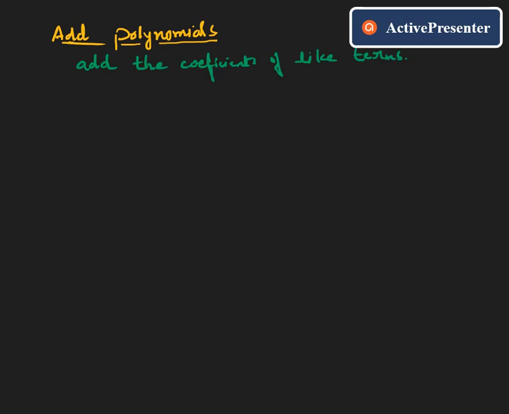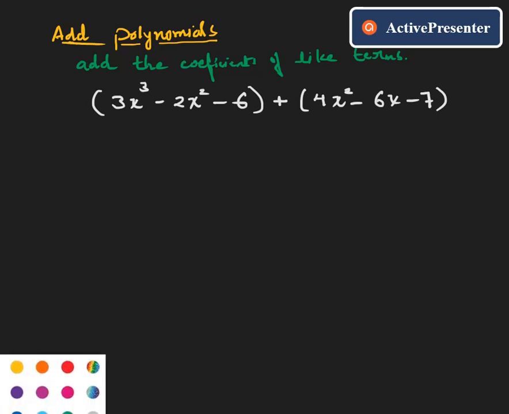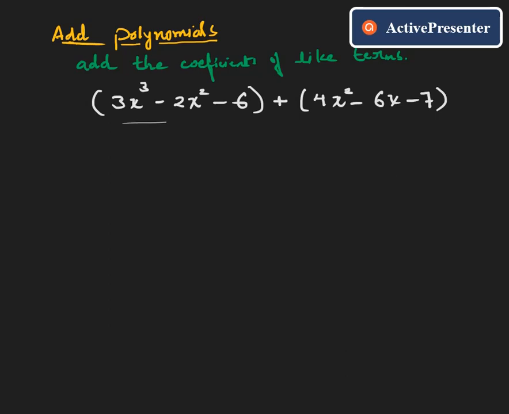For example, if we would like to add this polynomial to this polynomial, we add the coefficients of like terms. What are the like terms of those polynomials? We have x cubed here, and we don't have any x cubed here.